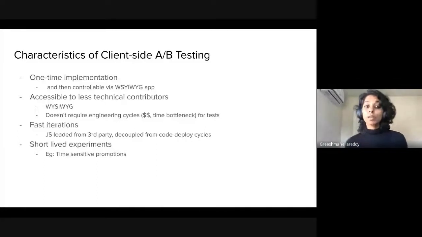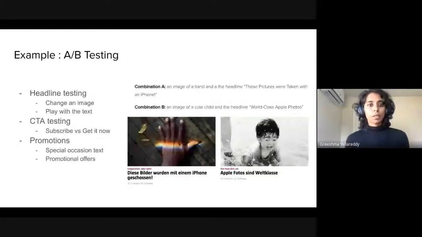Another useful thing is short-lived experiments where it is time sensitive. For example, when Black Lives Matter protests were happening, Optimizely put up a banner. That's a short-lived experiment, and that can be done much faster without any engineering input. So those are some of the advantages of client-side A/B testing.